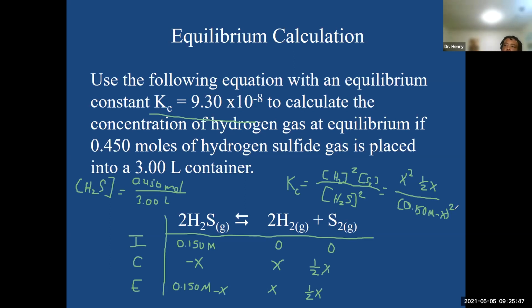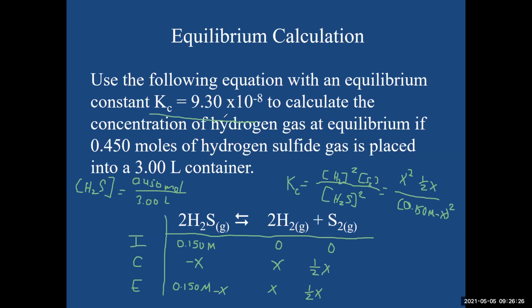Okay, so in this case, what I would always do is take a look at my K value. Based upon my K value, I make a decision whether that X is going to be a big number or a relatively small number. It's going to be small, because Kc is really, really small.